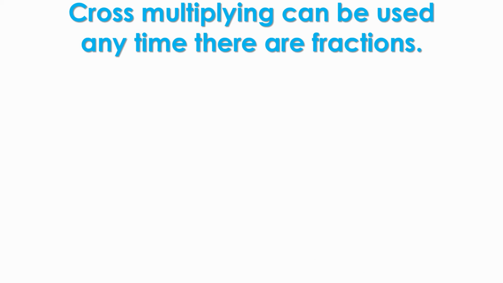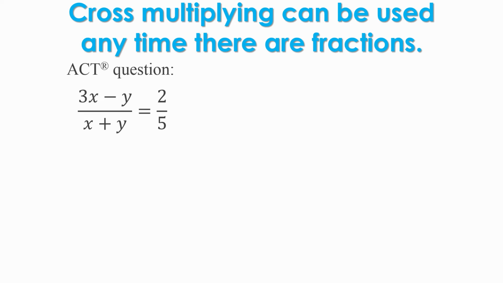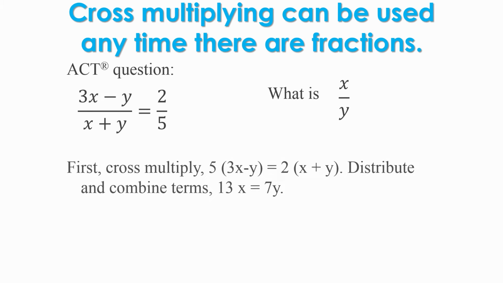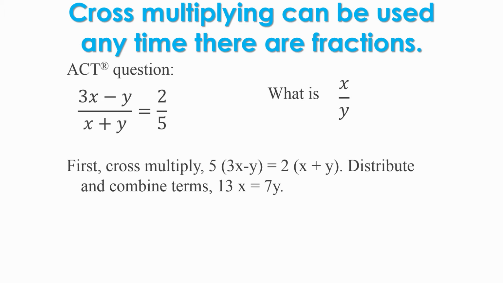The technique of cross-multiplying can also be used any time that there are fractions, regardless of what the fractions look like. Here's question 41 from a recent test. Well, whenever you see this form, 2 fractions put equal to each other, cross-multiply.